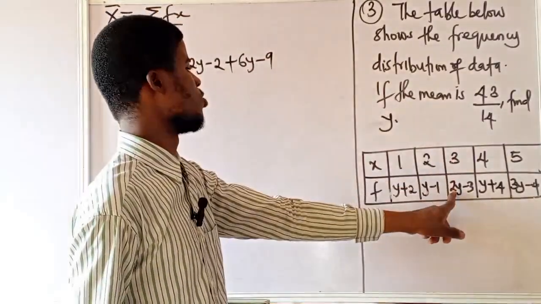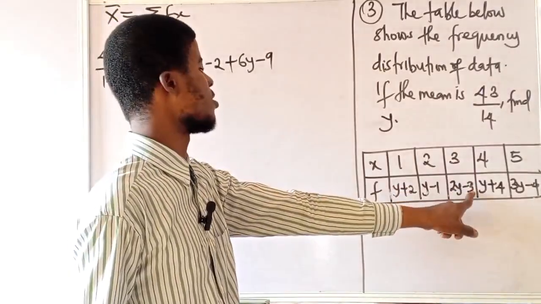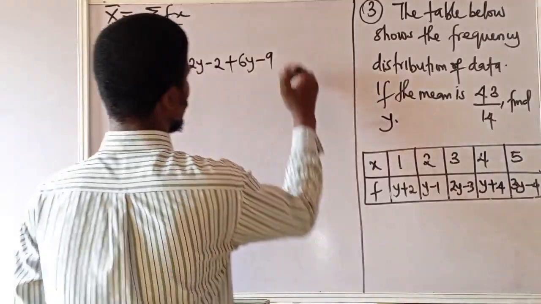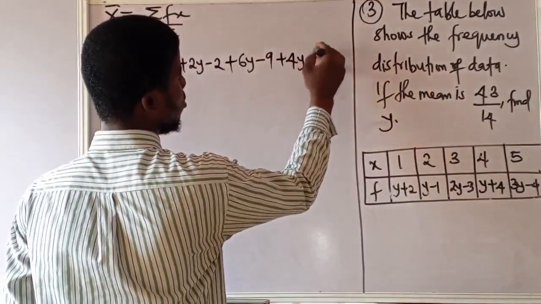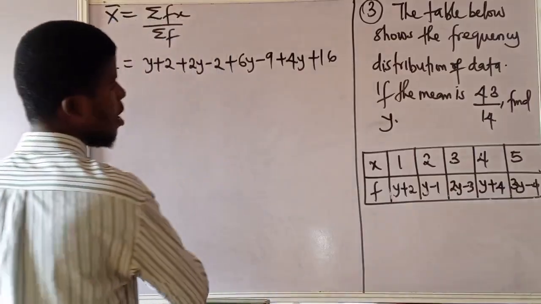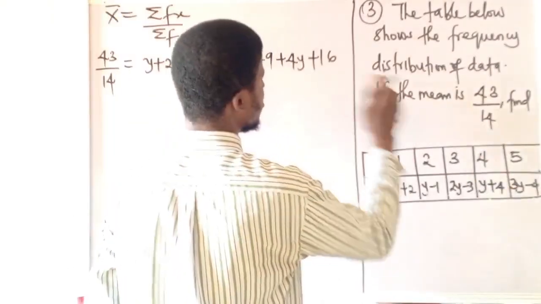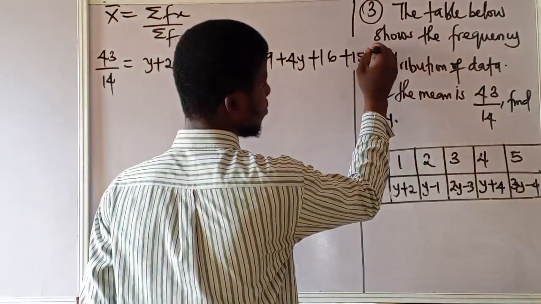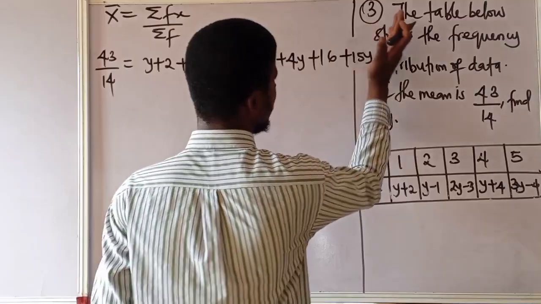Because 3 times 2y is 6y, 3 times minus 3 is minus 9. 4 times this, that will be 4y plus 16. And lastly, 5 times this, that will be 15y minus 20, right?